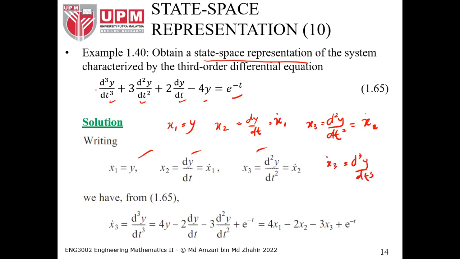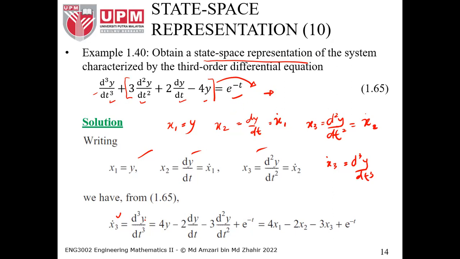So we can simplify this equation by making everything on the right side, so we get x dot 3 equal to d cubed y over dt cubed, and putting everything else on the right side.